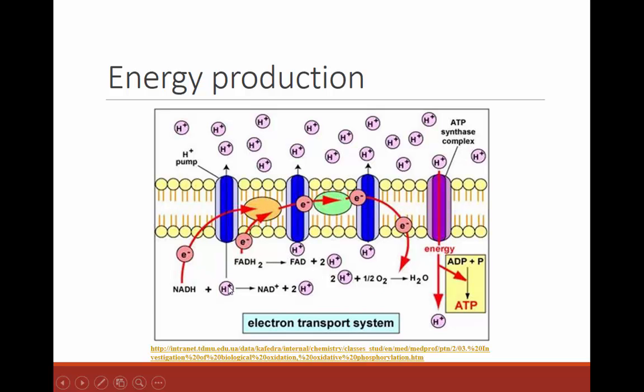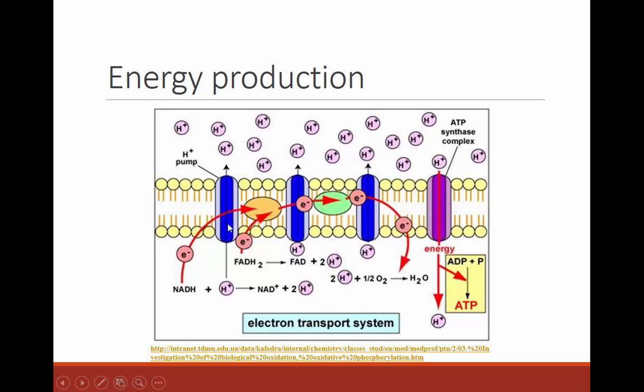And at each of these steps, we've got channels here as well. So the intracellular hydrogen ions are actually pumped out to the outside by a hydrogen pump. Okay, so we've got movement of electrons, but also movement of protons. And you can see that there's a lot of movement of protons.